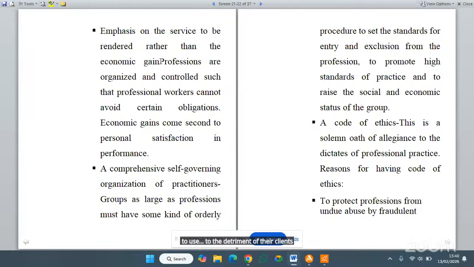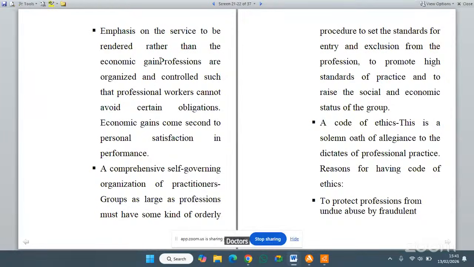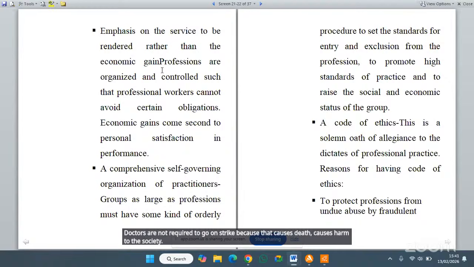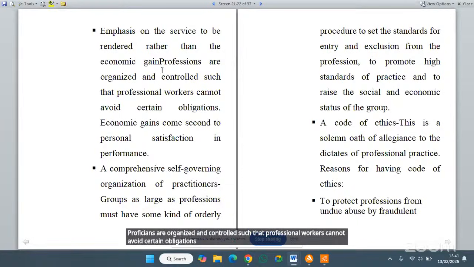For example, people offering essential services like security are not required to go on strike. Doctors are not required to go on strike because that causes death, causes harm to the society. Professions are organized and controlled such that professional workers cannot avoid certain obligations. Economic gains come second to personal satisfaction in performance.